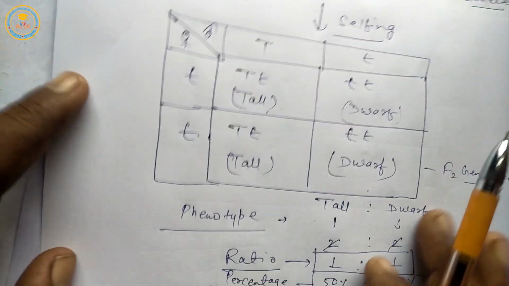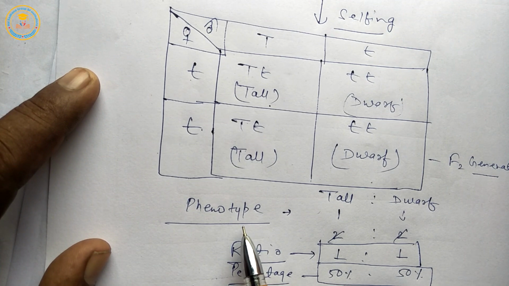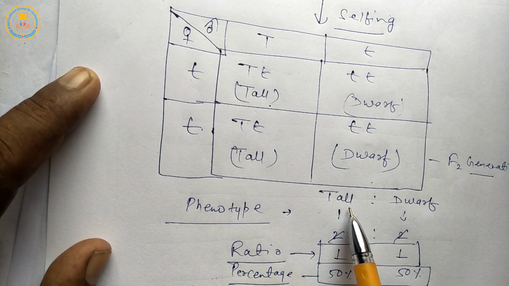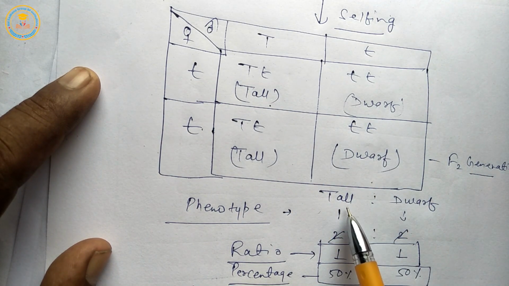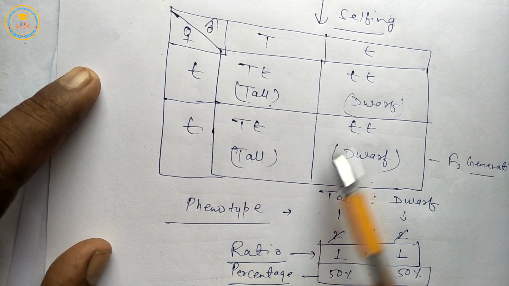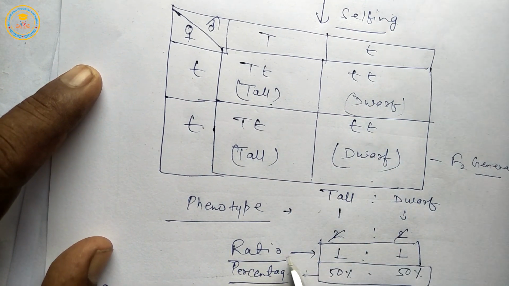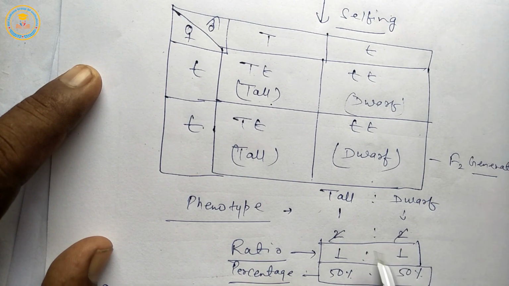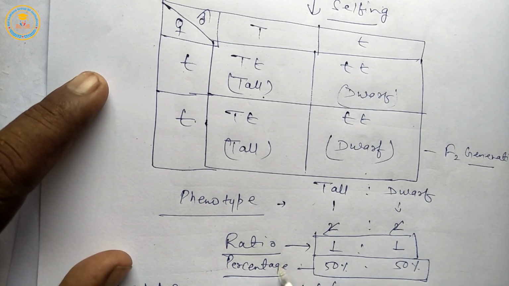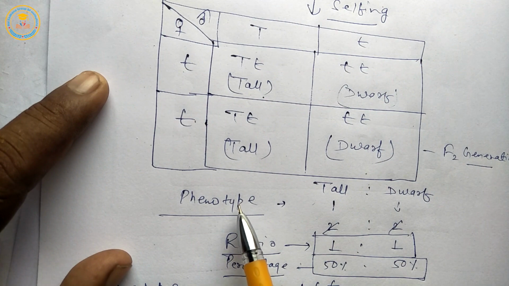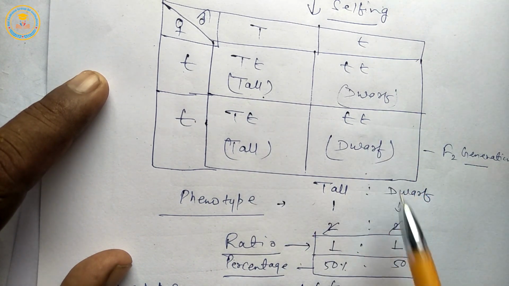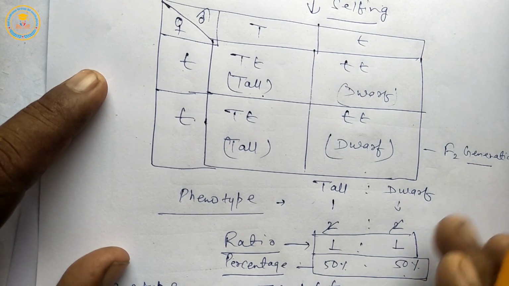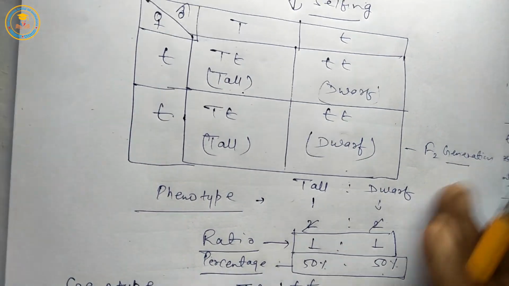So phenotype of test cross, it means external appearance of test cross, is first tall plant, second is dwarf plant. Tall is 1, 2, 2 plants, dwarf is 1, 2. So ratio is 1:1. But percentage of test cross is 50% plants are tall, another 50% plants are dwarf. So percentage is 50-50.